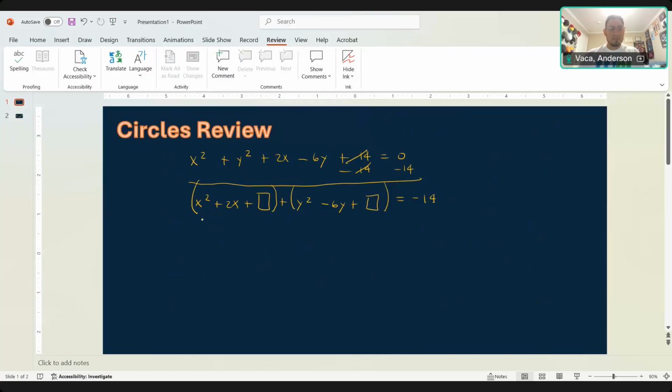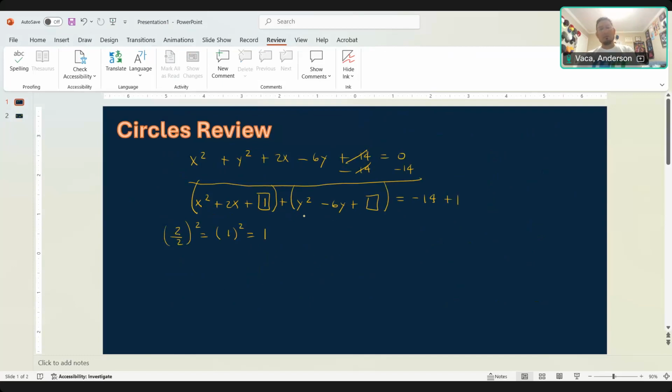The number that completes the square here will be 2 divided by 2 quantity squared. That will be 1 quantity squared, 1. So therefore, the number that completes the square is 1. But since we added a 1 on the left side, we must also add a 1 on the right side.